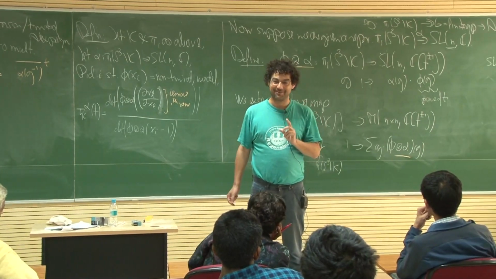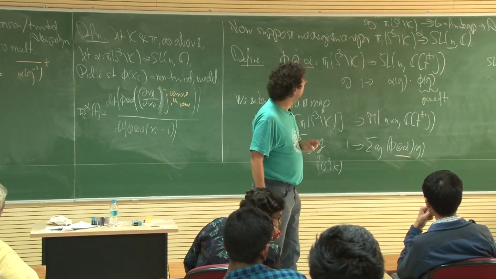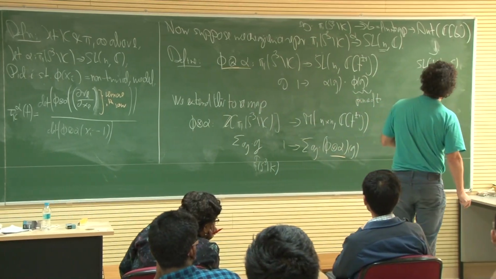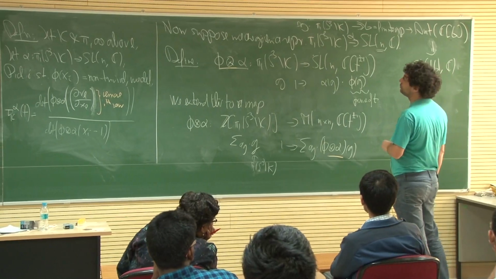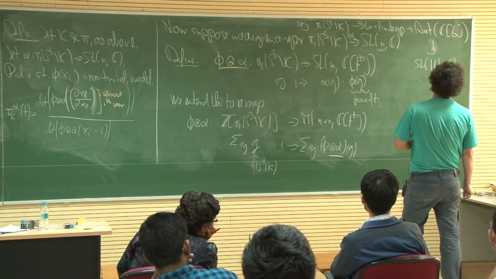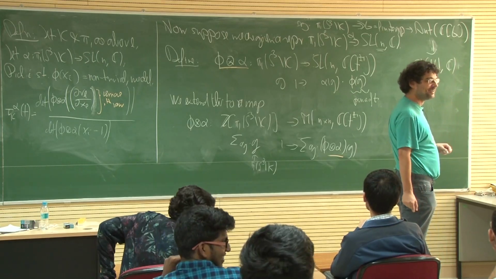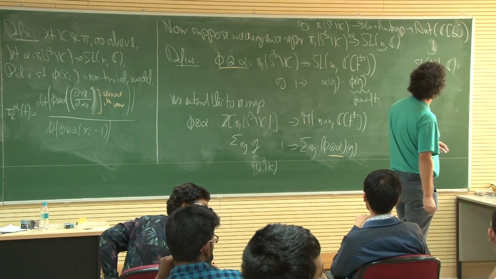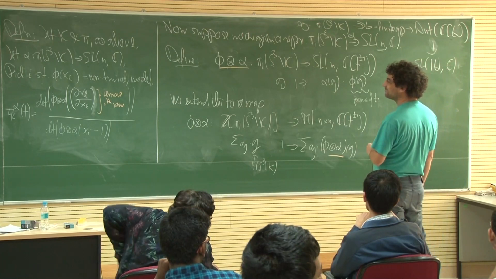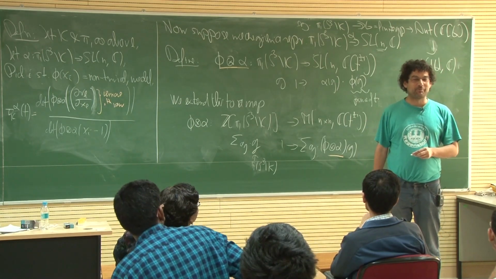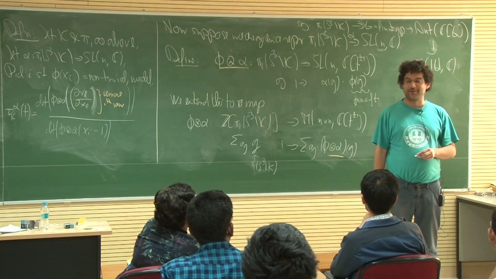It's really useful. But why should it be in SL? It can have determinant -1 also. So is there a good notation for representations which have determinant ±1?